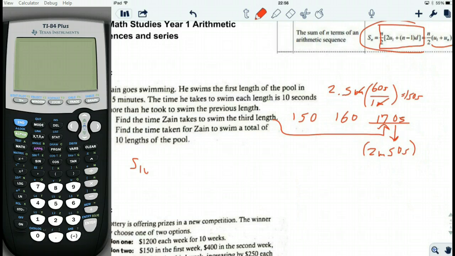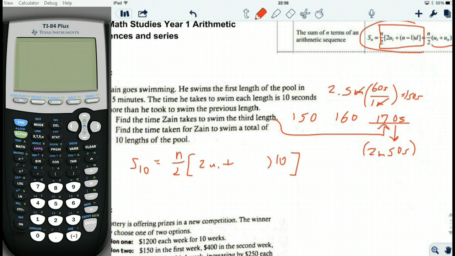So the sum of 10 lengths of the pool is equal to n over 2 times bracket 2u1 plus n minus 1 times d. So we know that d is 10 seconds, right? Because that's how much it increases every time. We know that n is 10, right?